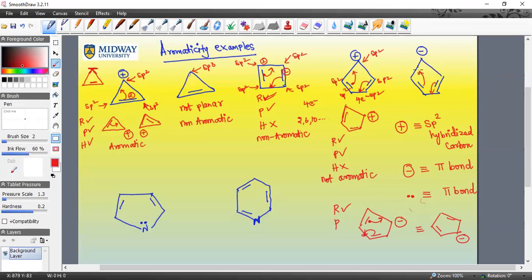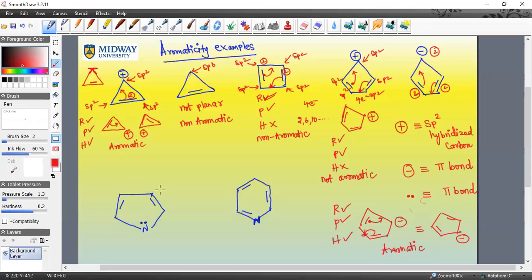So double, single, double, single, double, etc. So it passes planarity. Does it pass Huckel's rule? Well, as I said, this is 2, this is 2, this is equal to a 2. So it's 6 total. So that means it passes Huckel's rule as well. So it's aromatic.